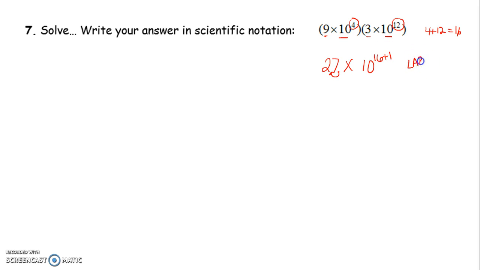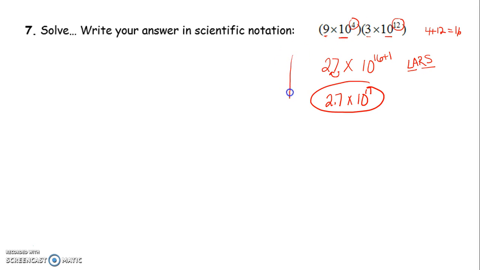Or they may have said you had a good friend Lars, left add, right subtract. So if we're moving our decimal point 1 to the left, we're going to add 1 here to our exponent, and it's 2.7 times 10 to the 17th. Now, if that's not comfortable for you, you could always rewrite each of the given values in standard form, then multiply them, put back in scientific notation.